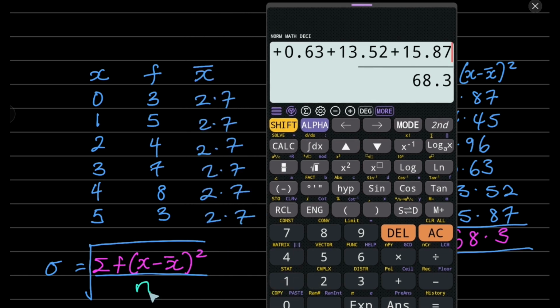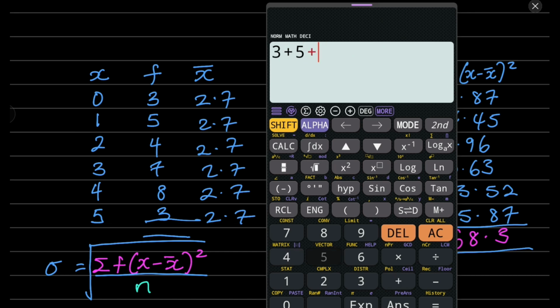The next is your n, and n means your total frequency. So just sum up your frequencies: 3 plus 5 plus 4 plus 7 plus 8 plus 3. Our total frequency is 30.